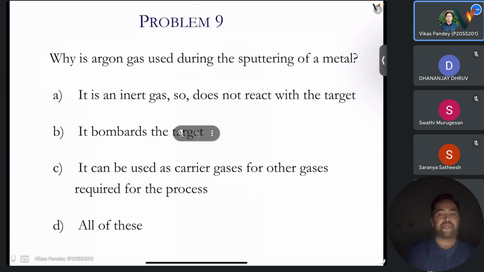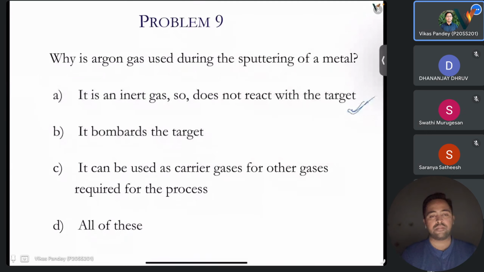Yes. Only A. It is an inert gas, does not react with the target. That's fine. Okay. Anyone else? Anyone else would like to add something?